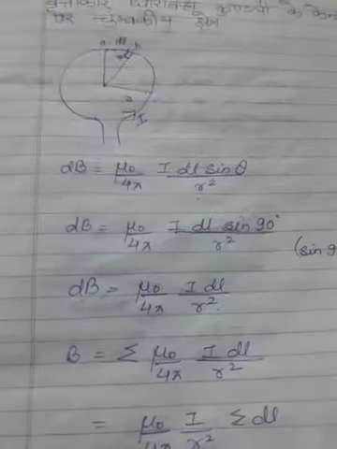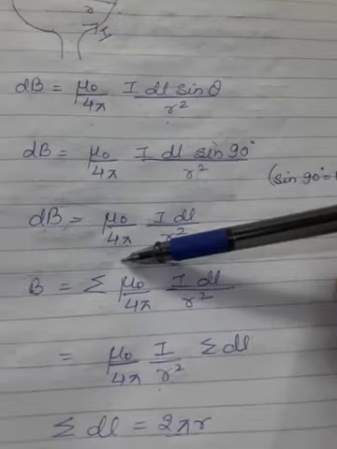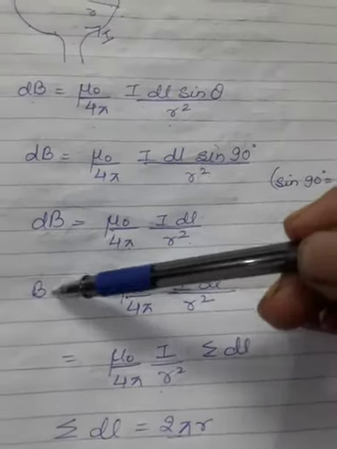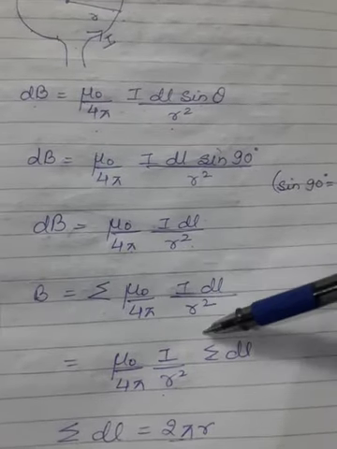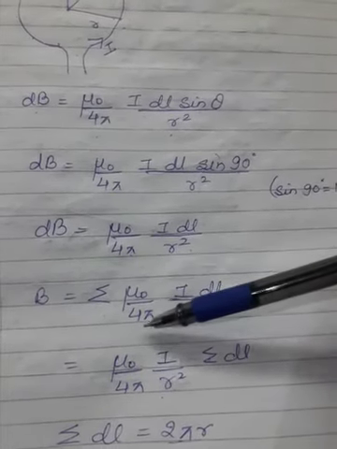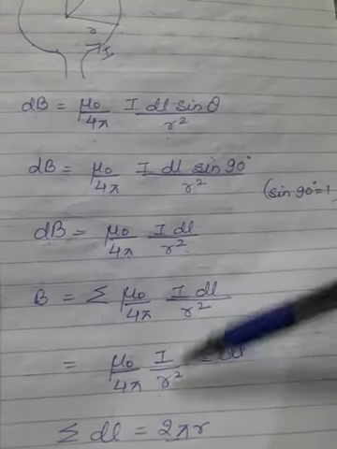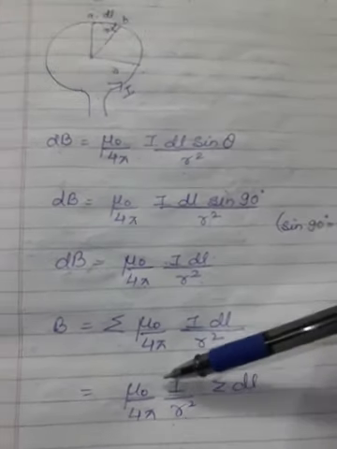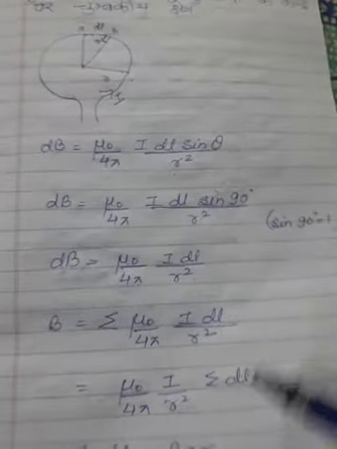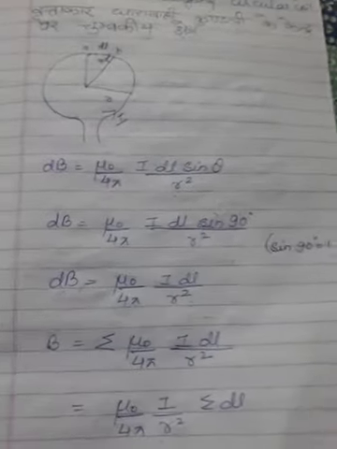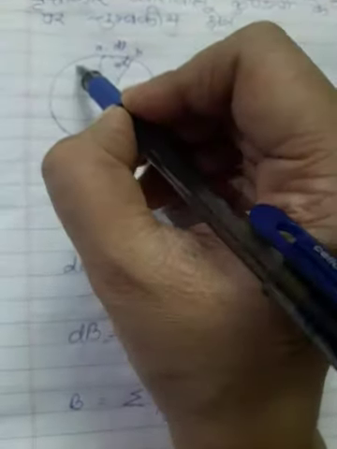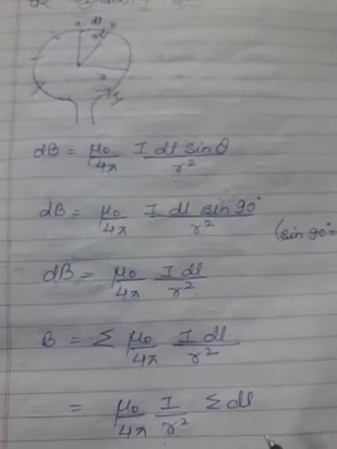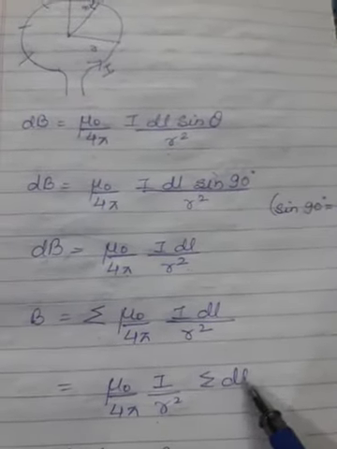So what I am going to do is integrate or sum all the values, that is B is equal to sigma mu naught upon 4 pi I dl upon r square, where mu naught upon 4 pi I upon r square are the common things which are not going to change, but the summation, that means the addition of all the smaller sections, has to be taken, and that will become sigma dl.